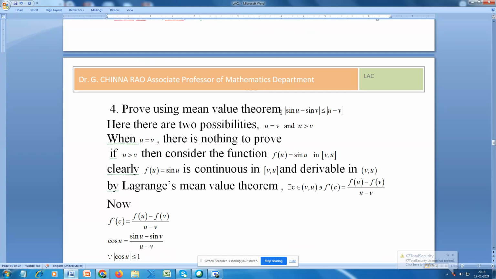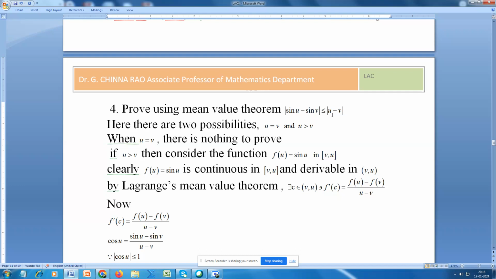Prove using mean value theorem modulus sin u minus sin v less than or equal to modulus u minus v. Okay. So for proving this, we have two possibilities: u equal to v and u greater than v. When u is equal to v, there is nothing to prove.